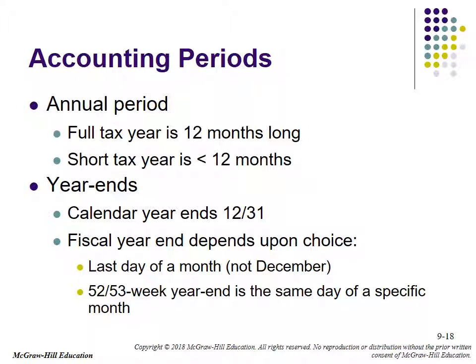Well, there's some time between September 30th and January 1st. So from October 1st, 2017 through 12/31 of 2017, you have a short tax year. So this isn't happening all the time, but it's most common when you are changing your tax year. And that's what that means.